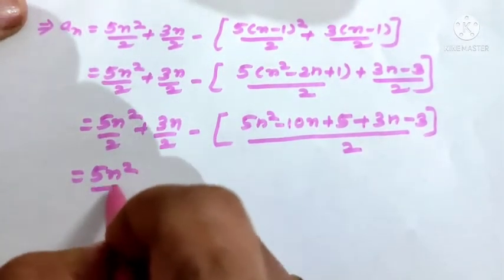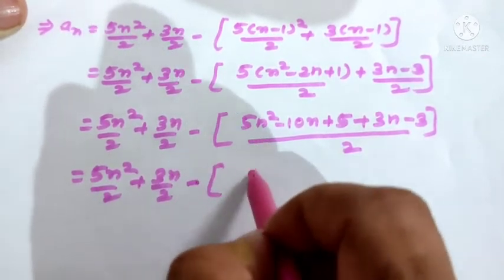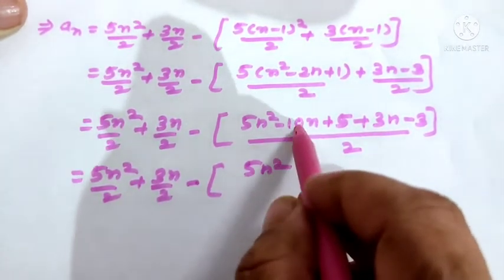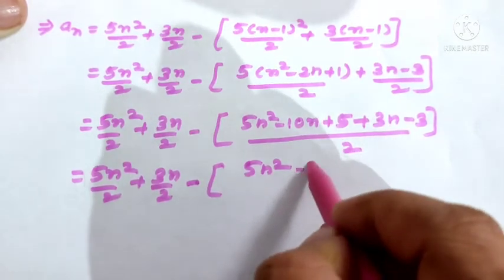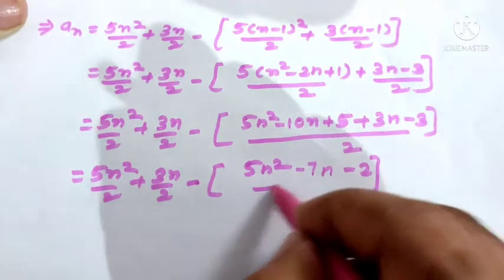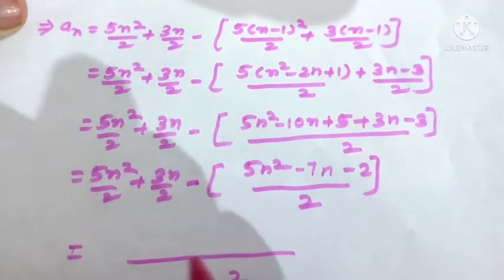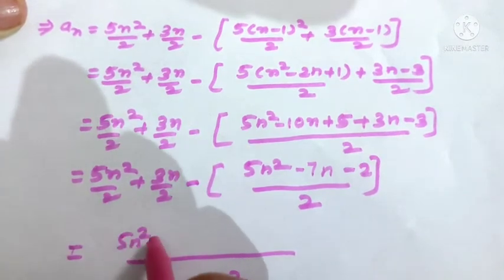5n square by 2 plus 3n by 2 minus 5n square minus 10n plus 3n, which is minus 7n, plus 5 minus 3, which is plus 2, by 2, right? Now the whole denominator is the same, 5n square plus 3n.